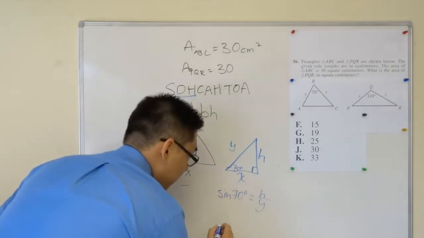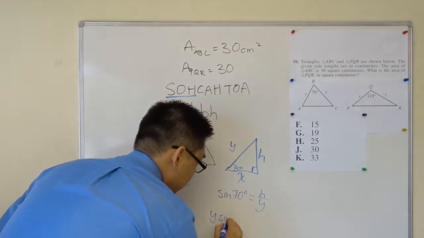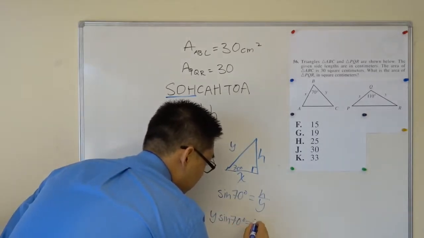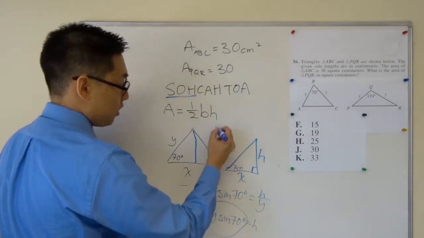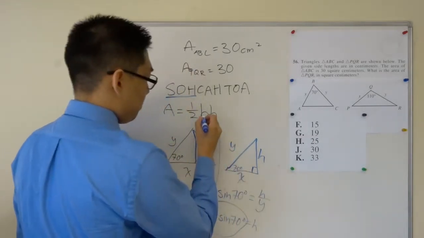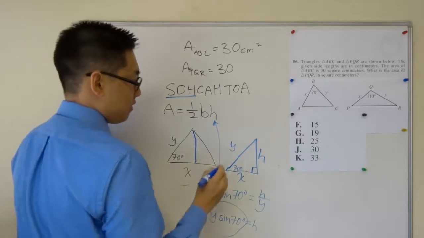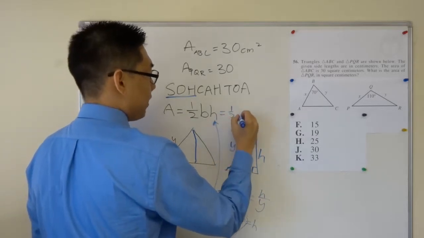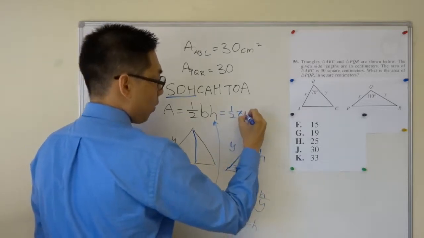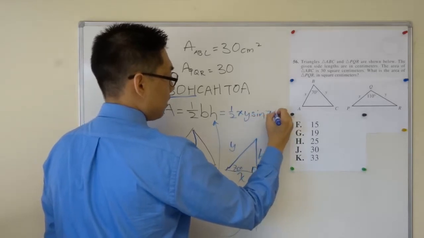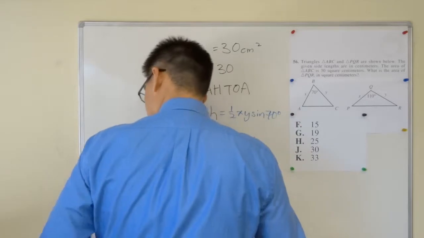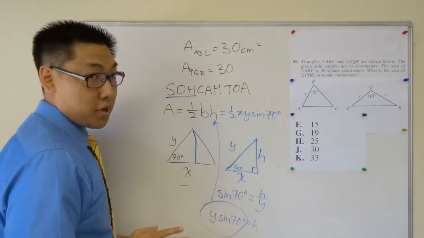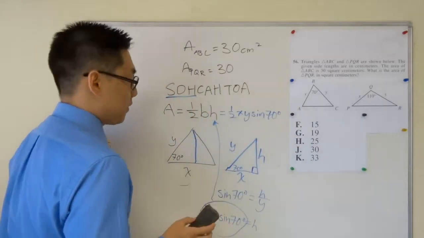So to solve for the h, I get y sine 70 degrees equals h. So I can plug that in for h here. And then the base, like I said, is just x. So this is going to be equal to 1/2 x y sine 70. Notice that's what we had before with that formula I showed you before. But this is for people who don't memorize that formula, which is probably most of you.